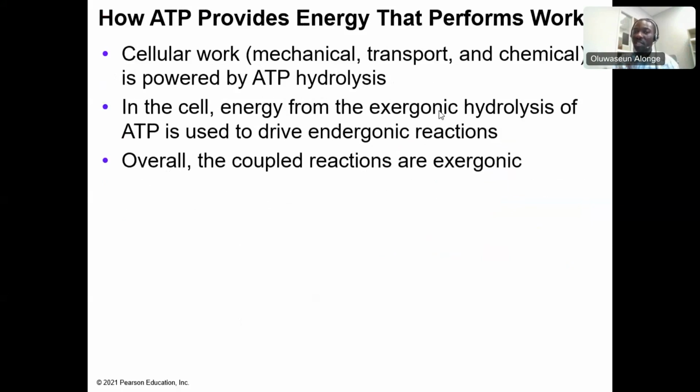In the cell, energy from exergonic hydrolysis of ATP, now that's an exergonic reaction because it's releasing energy into the environment. So in essence, what I'm saying is this. When you have ATP broken down into ADP plus phosphate, this is an exergonic reaction because it's giving out energy to the environment.